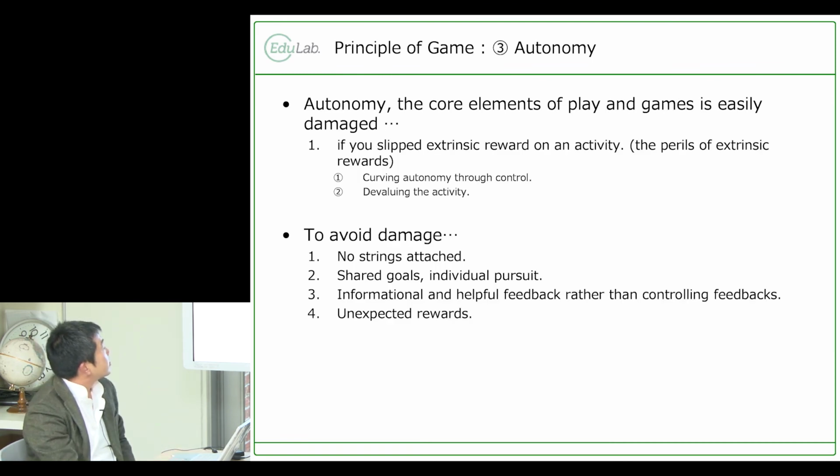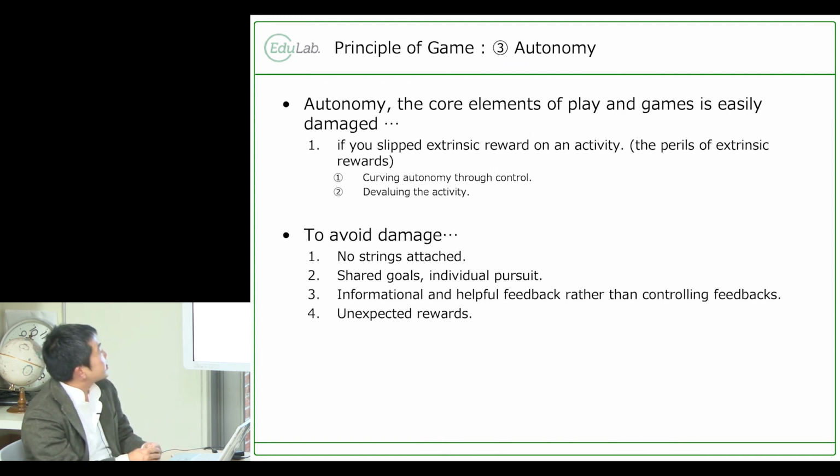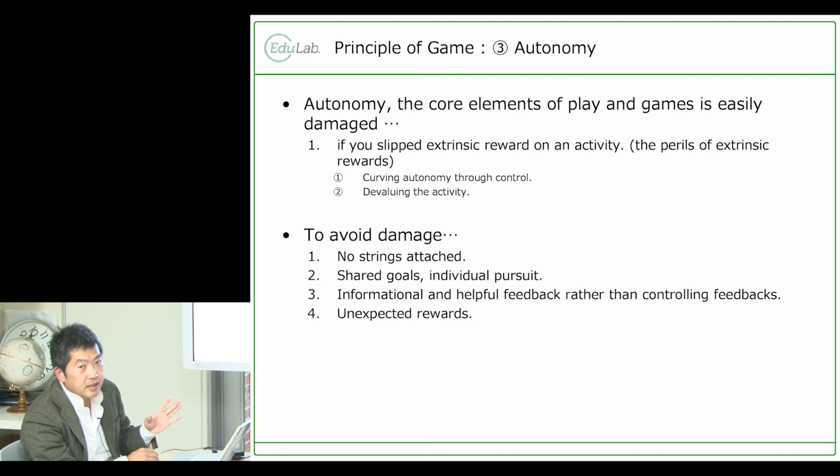So again, if you want to design a game and have people willingly play it, these are the things you need to be careful about. Autonomy can be easily damaged if you slip an extrinsic reward onto an activity.